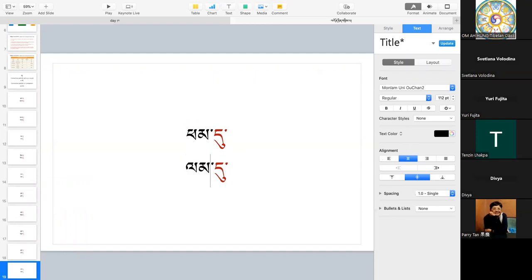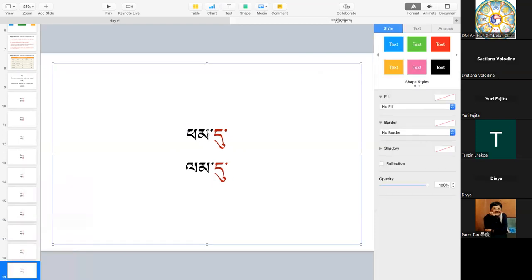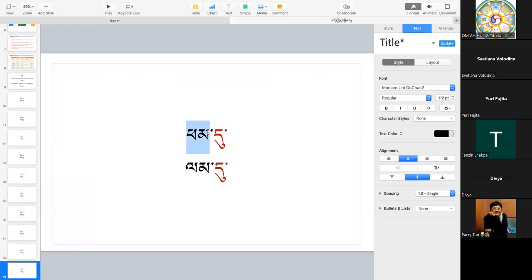Lam, tu. Okay, so it's with the la. Yel, tu. Pel, tu. Pel means to expand. Gel can either mean the Buddha, or it can also mean the king or the kingdom.